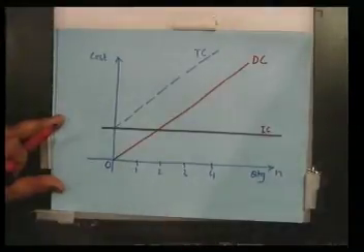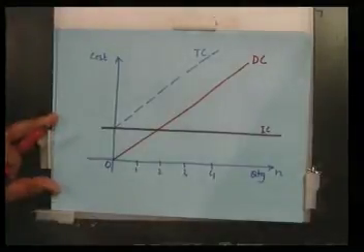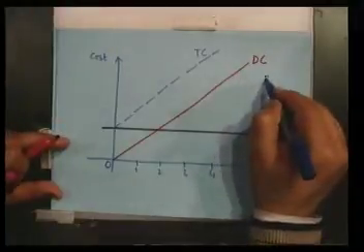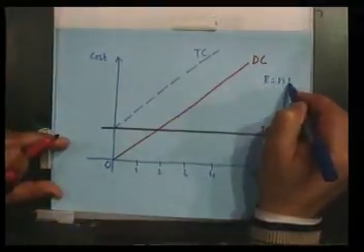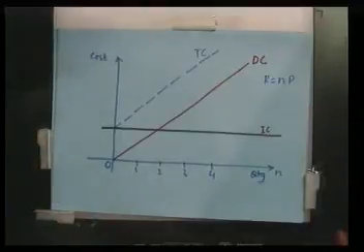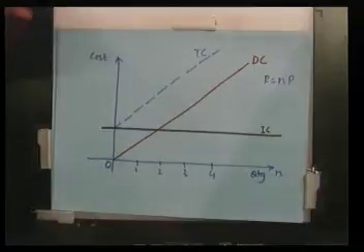Now, on this particular graph itself, I will try to plot a revenue line. If you notice the revenue equation, it is given as R is equal to N times P, where P is your sales price. So, if I am not able to sell even a single product, my revenue is going to be 0.